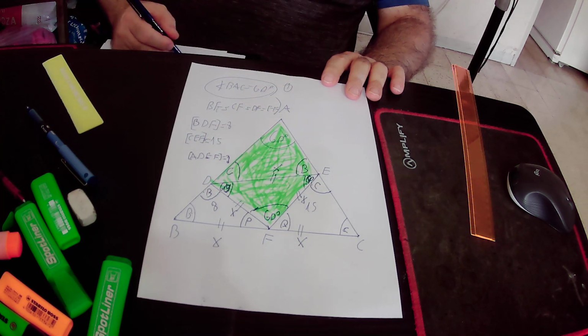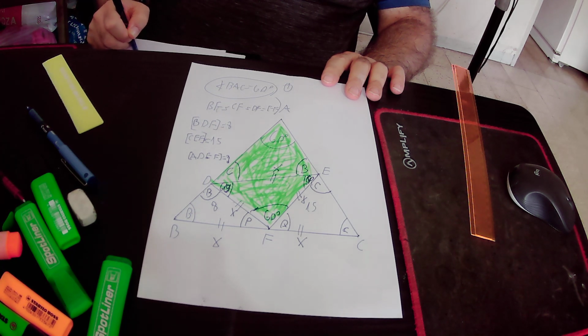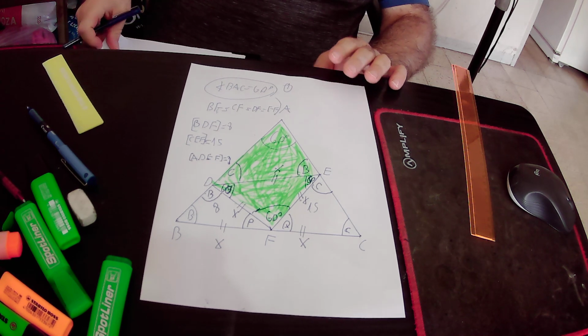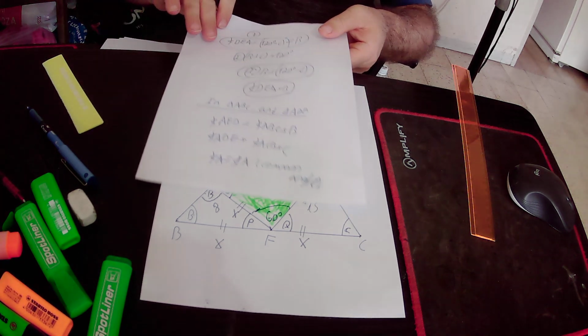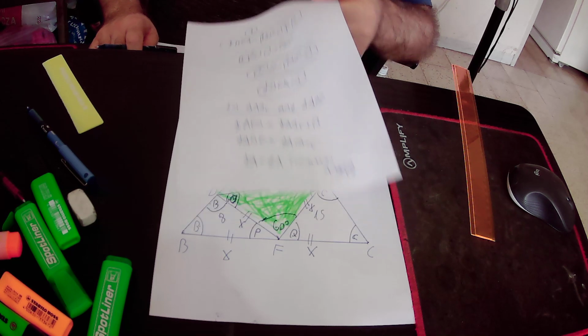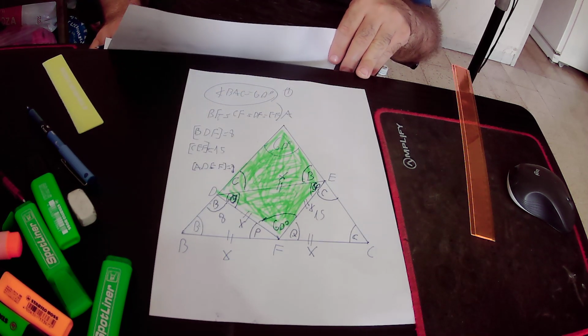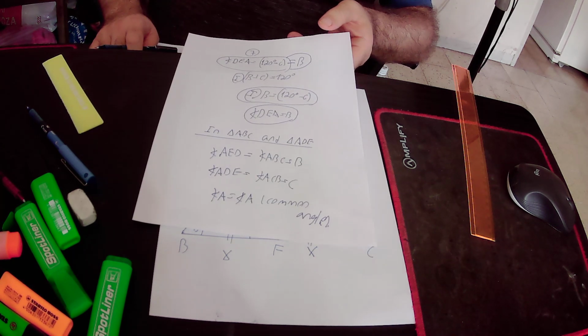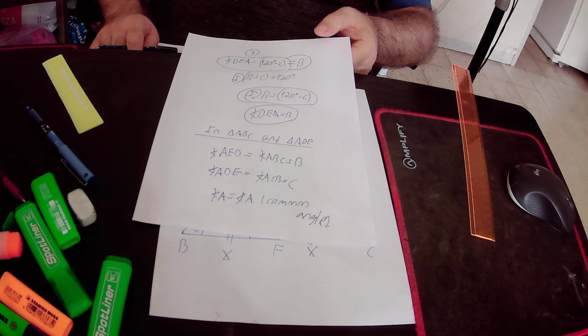So angle A equals angle A. Actually, we proved that all the three angles in triangle ABC equal all the three angles in triangle AED.